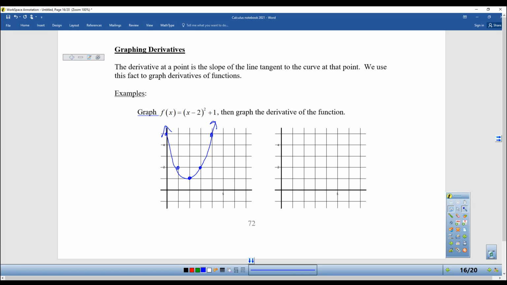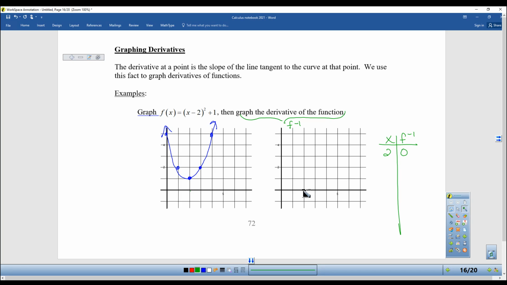Now we're going to make a graph of the derivative. So how can we graph the derivative? It doesn't have to be exact. It's just a general shape, because we could actually find the derivative at all these points, but just a general shape of it. So I know that if x is 2, right there, the derivative is 0.